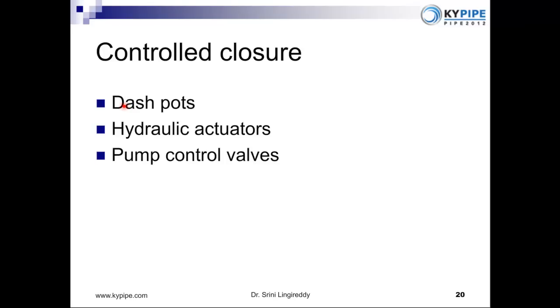One way to do that is to attach dash pots to the swing check valves, so the dash pots stop the discs from slamming. If you can, make them stop just, maybe 5% of the flow, something like that.